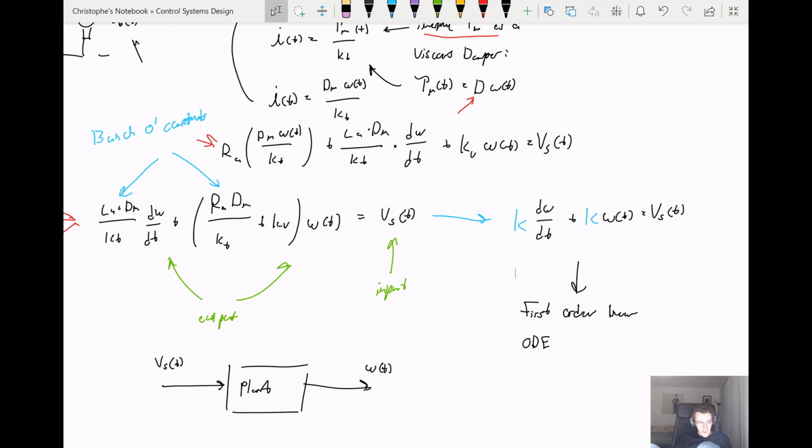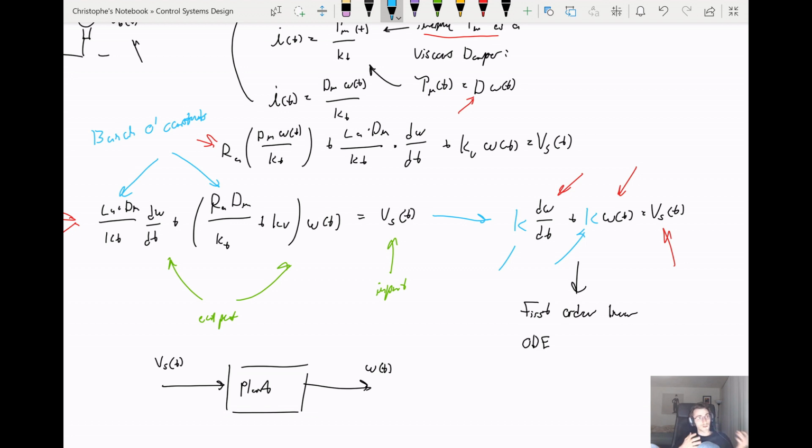So let's take a look here. We've got Vs of t as our input into the system, and we have two terms which are directly related to omega of t and a bunch of constants right here and right here, represented in the equation on the left. So this is basically just a first order linear ordinary differential equation that we can solve for.